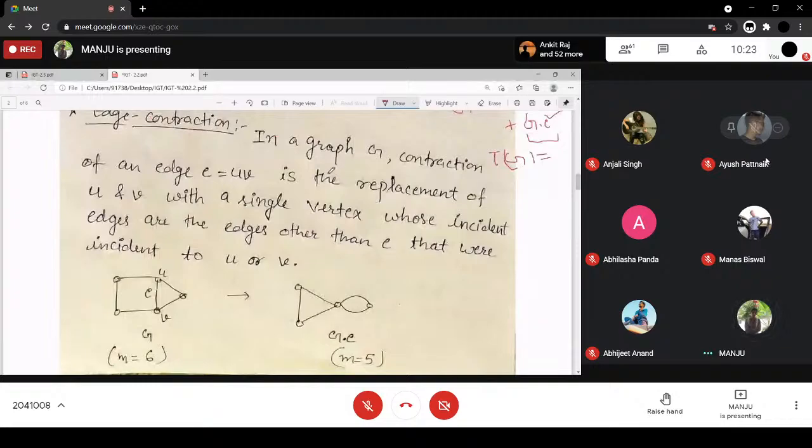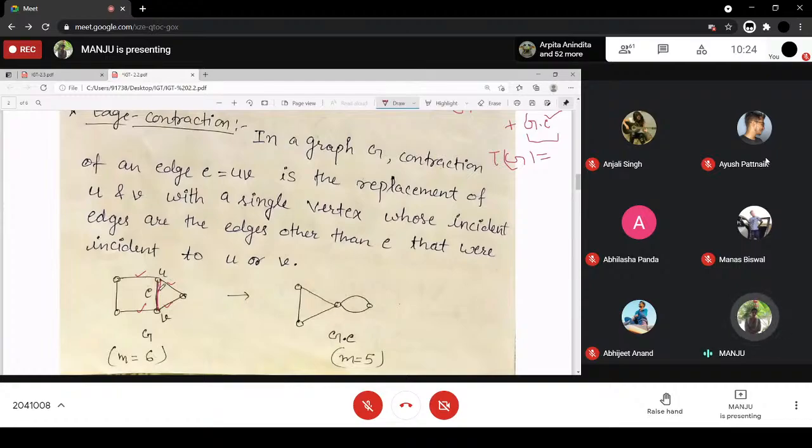Okay. For example, if you want to contract this edge, this is the graph G. G dot E will look like this, so this is getting contracted. U is equal to V. Then what do you get? These two and these two, 4 edges will be adjacent to that vertex.